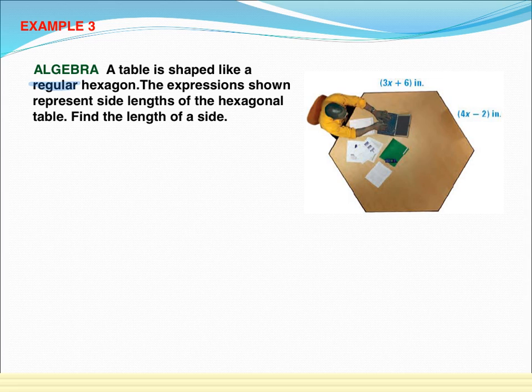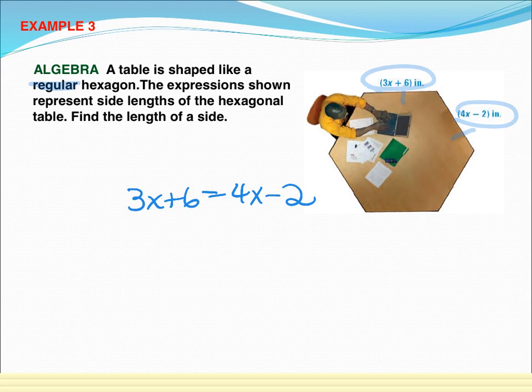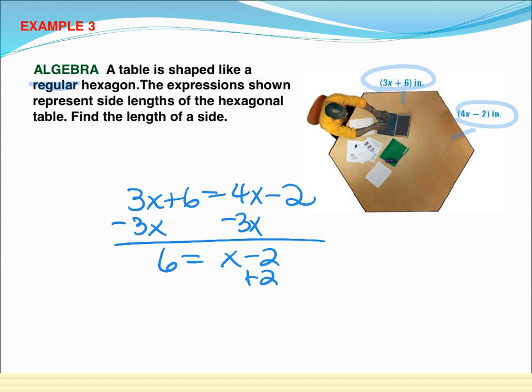So what I can do here is I can set this equal to this because these two sides are congruent because it's a regular hexagon. So I'm going to set 3x plus 6 equal to 4x minus 2. I'm going to combine my x's. 6 equals x minus 2. Add the 2. So x equals 8.